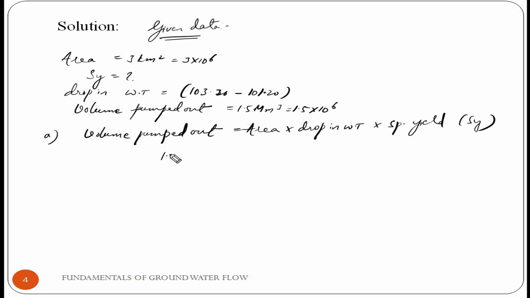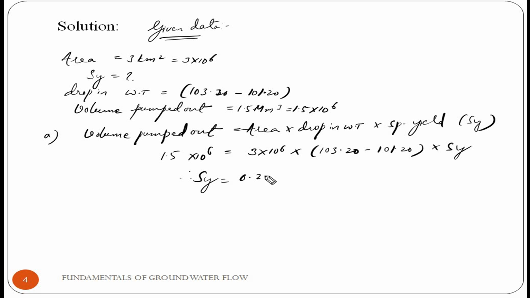So 1.5 into 10 to the power of 6 is equal to area into drop in water table, 103.20 minus 101.20, and specific yield. So therefore, if you calculate the specific yield, here the specific yield is 0.25.